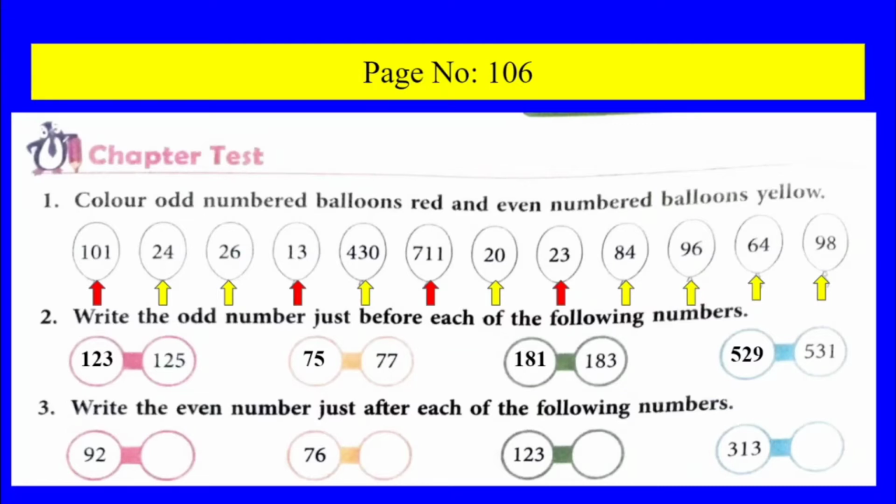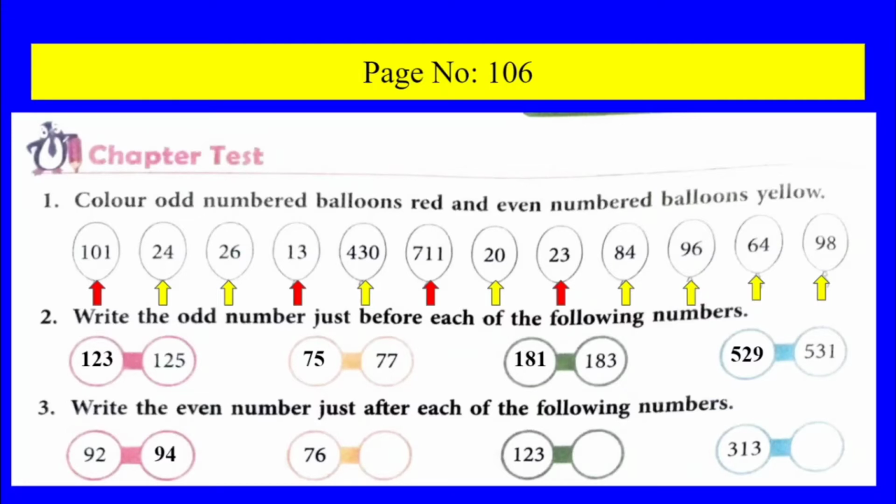Is 94 an even number? Yes, 94 is an even number because it ends with the number 4. Therefore, 94 is the even number just after 92. So we will write 94 here.